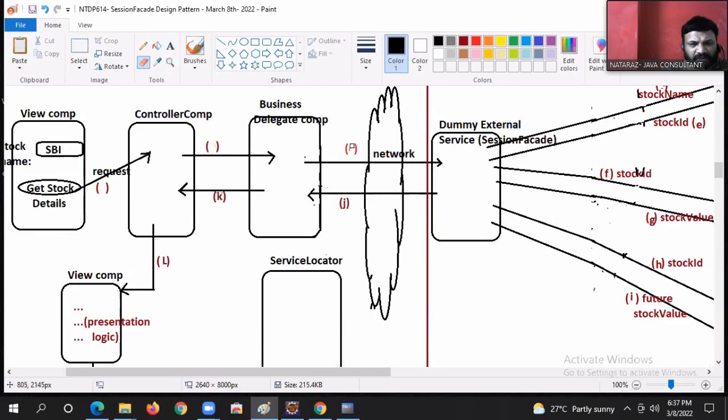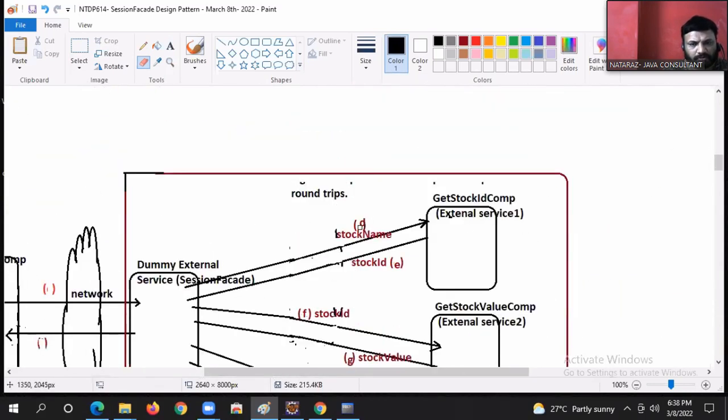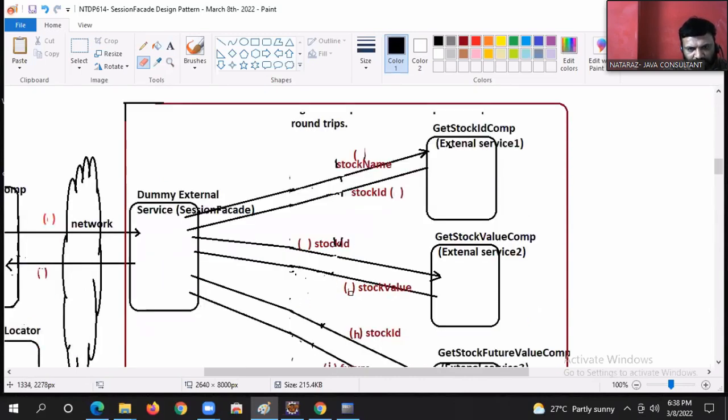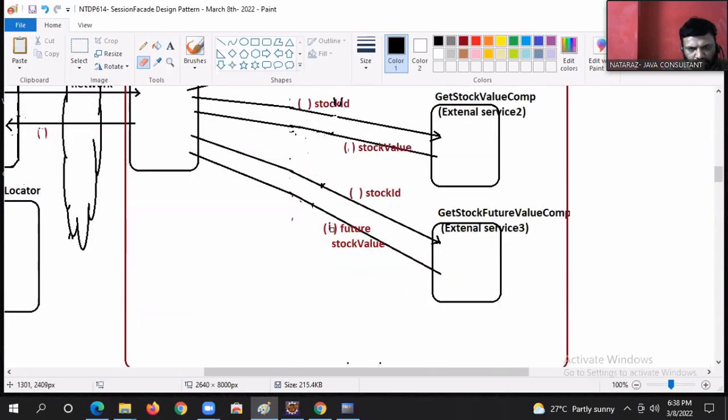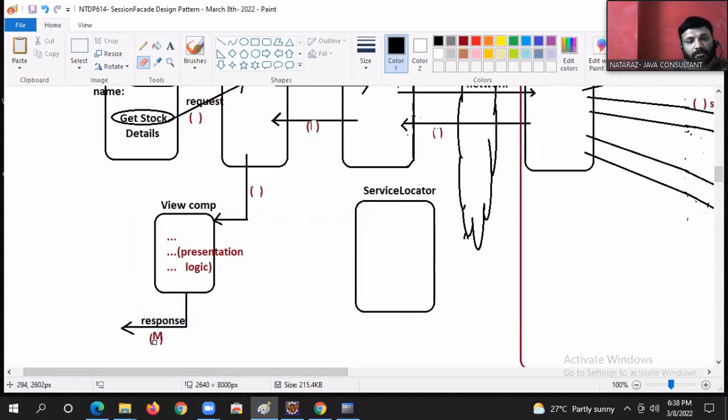Wherever numbers are there, you remove them. Done, boss.